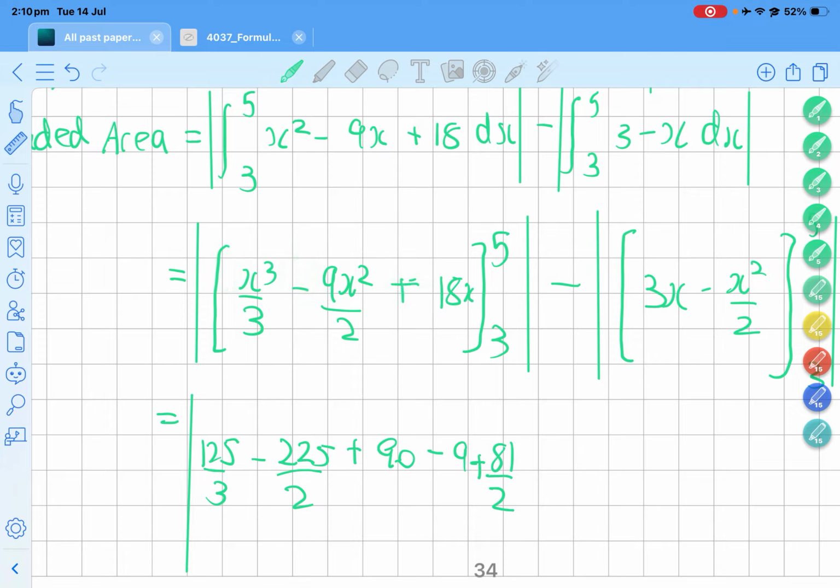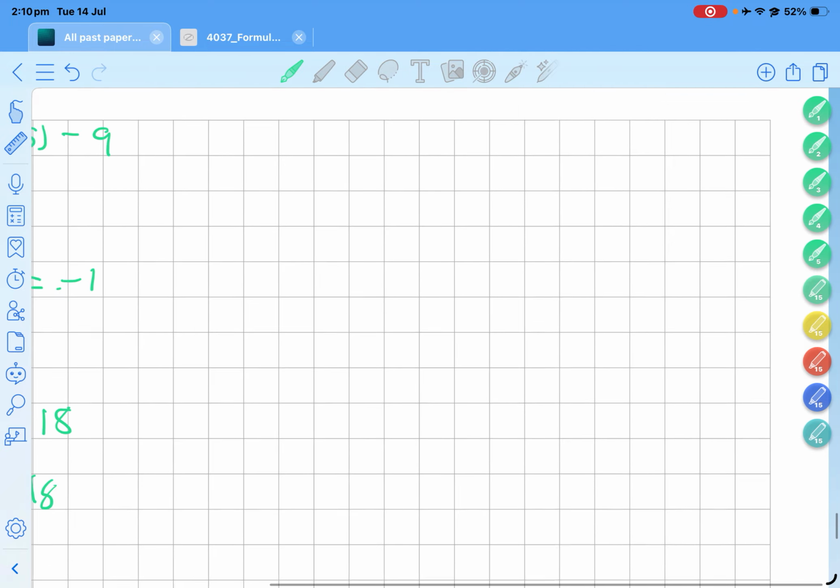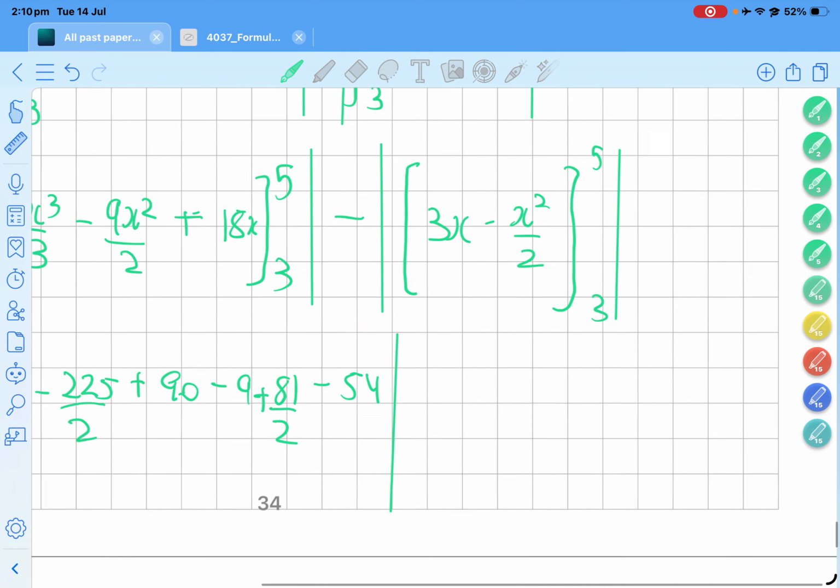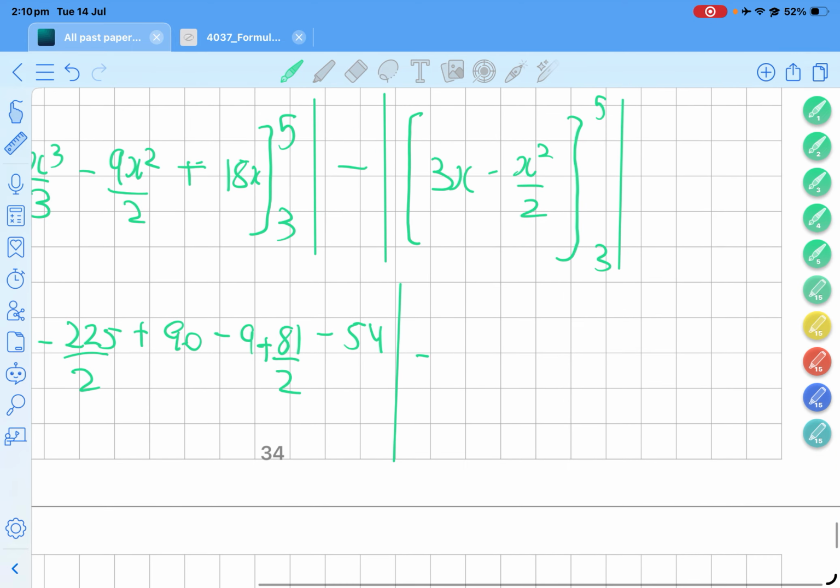Minus 54, modulus close. And by the way, this question can't really use a calculator, so you have to be careful. So 3 times x is 15 minus, so 5 squared is 25, 25 over 2, and then minus 3 times 3 is 9, and then plus 3 squared is 9 over 2.